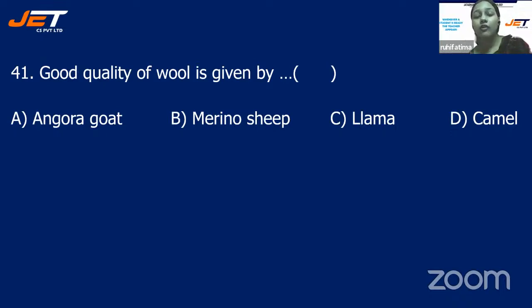See, good quality of wool is given by merino sheep. Sheeps are the chief sources of wool. Okay, goats are also there, but they are the goats which live in the hilly regions. Okay, but merino sheep is the source of good quality wool.